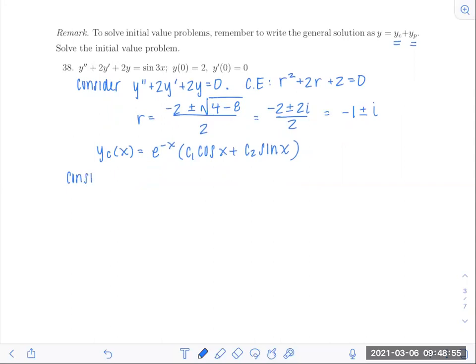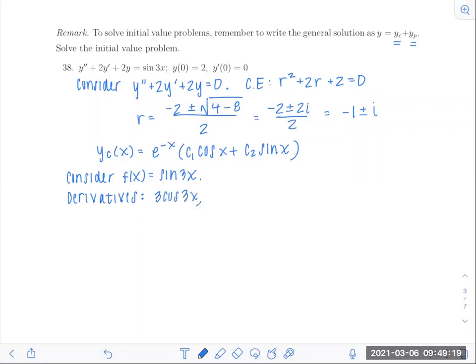So now we're going to consider our function f of x, which equals sine of 3x in this case. What are the derivatives for this function? All right, so let's list a few. The first derivative would be 3 cosine of 3x.